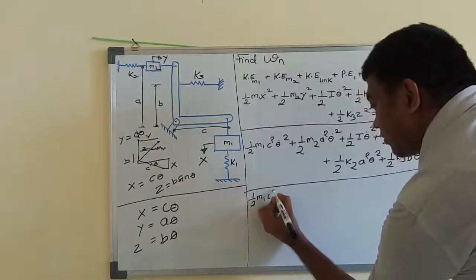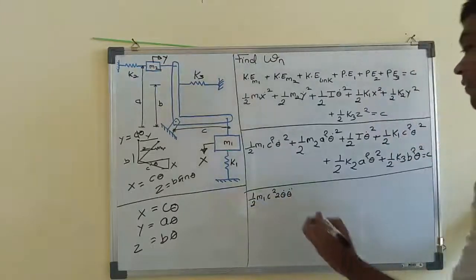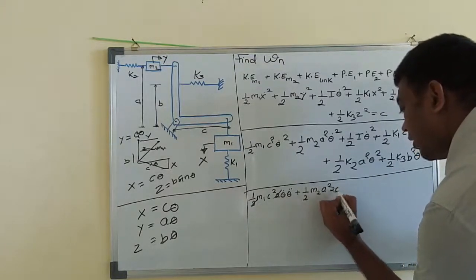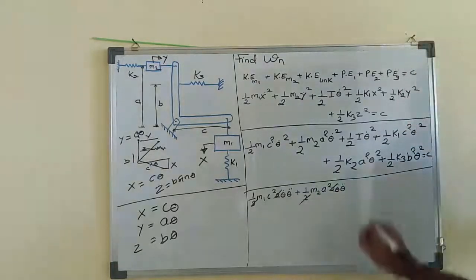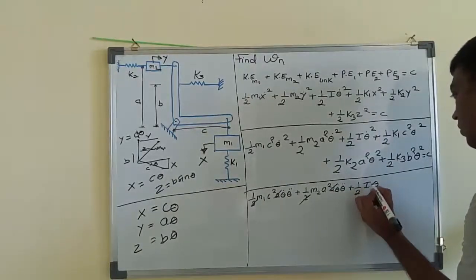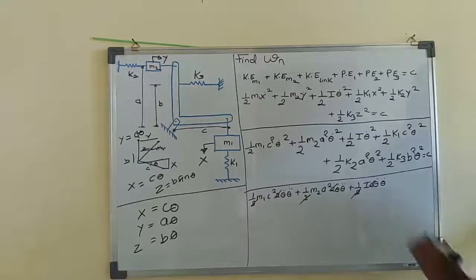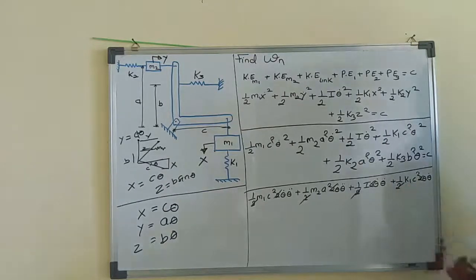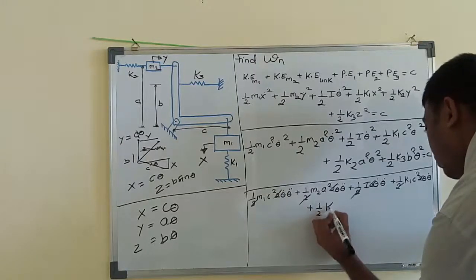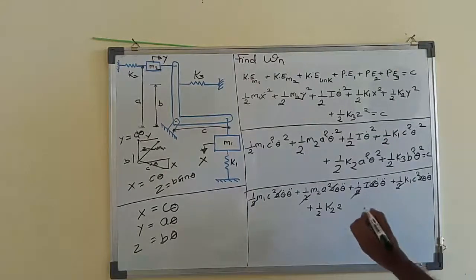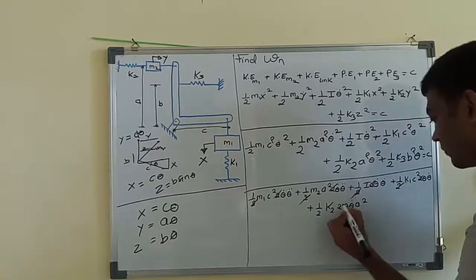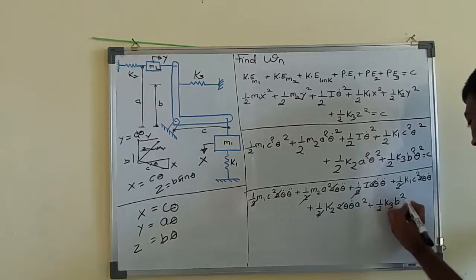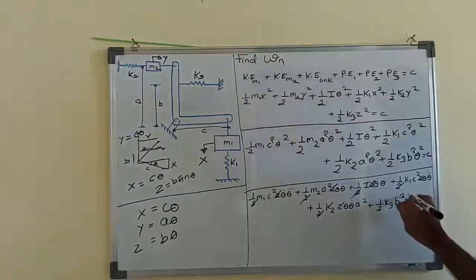Half m1 c square 2 theta dot theta double dot, where the 2s cancel, plus half m2 a square 2 theta dot theta double dot, plus half I 2 theta dot theta double dot, plus half k1 c square 2 theta theta dot, plus half k2 a square 2 theta theta dot, plus half k3 b square 2 theta theta dot equals 0. Again the 2s get cancelled.